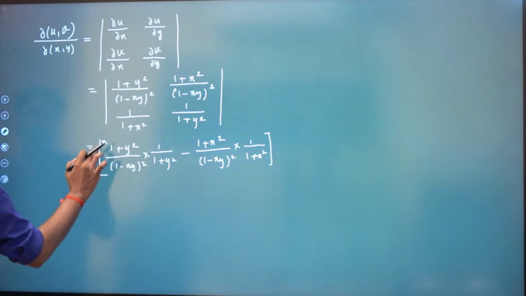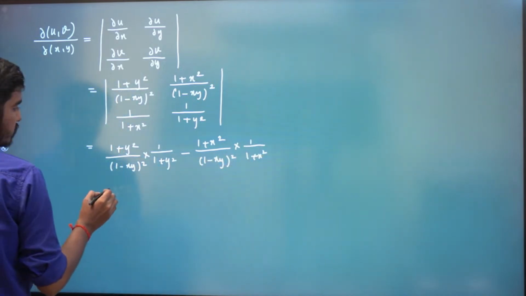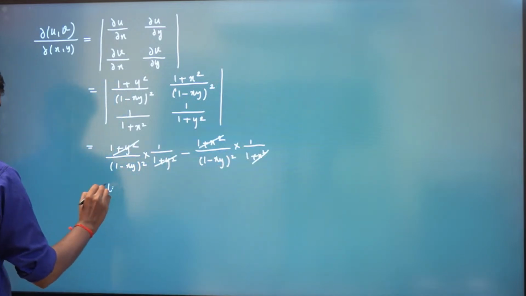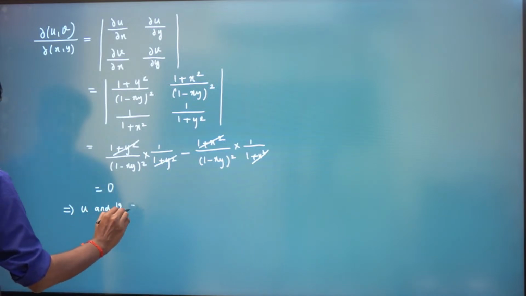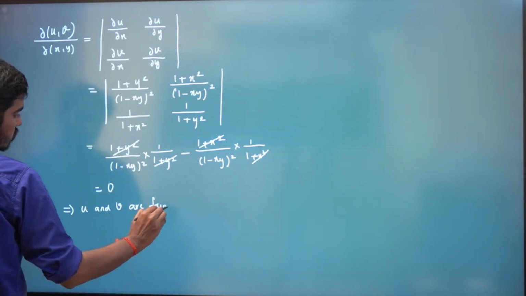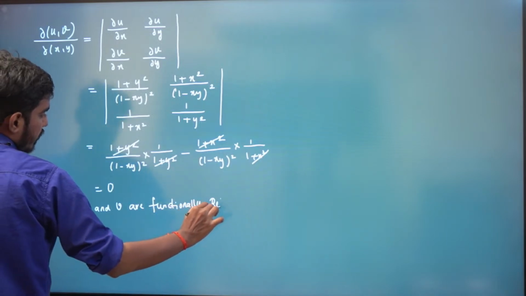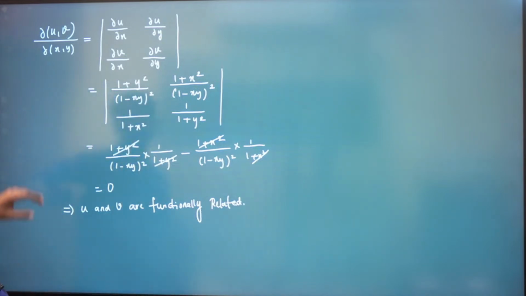So this will be 0. That means u and v, I can say u and v are functionally related, right?